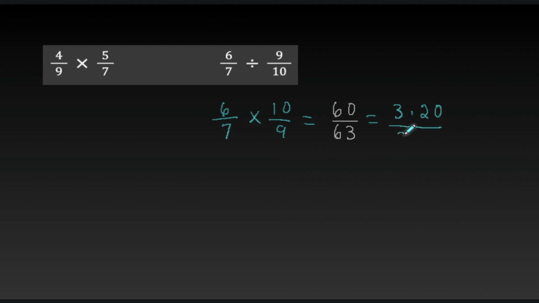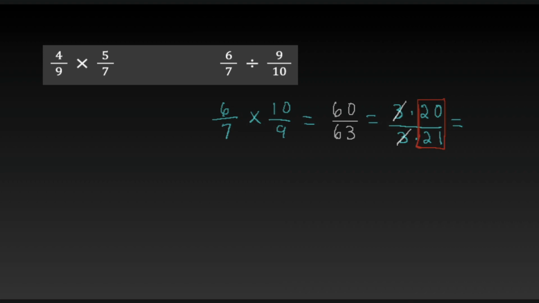Over 3 times 21, because 3 goes into 6 twice and 3 goes into 3 once, so 3 times 21 is equal to 63. Now if you take a look, the 3s cancel out, because 3 divided by 3 is simply 1. And so your answer is still 20 over 21.